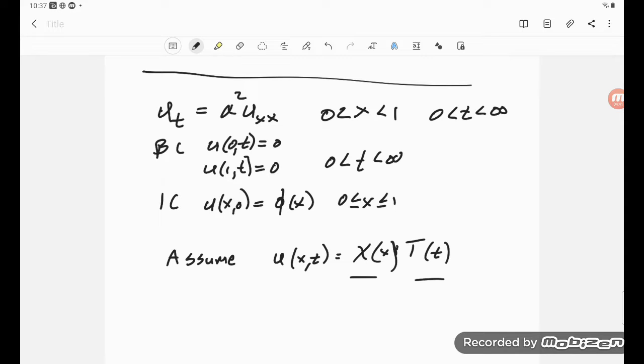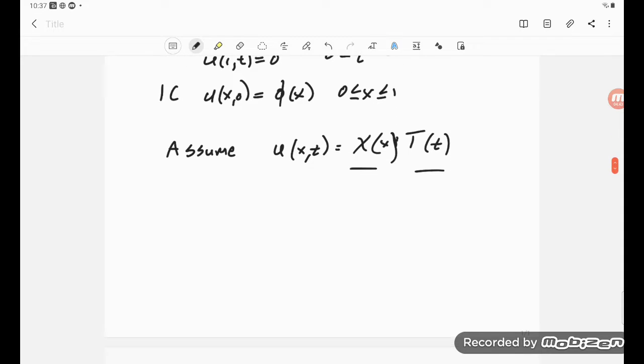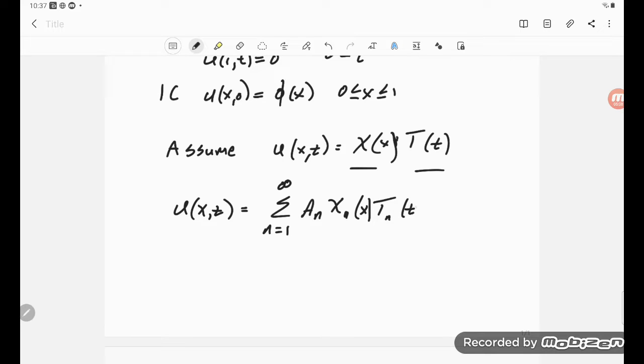And now more generally, what we find is that when we do this, actually, u of x and t is the sum of a bunch of these. Could be an infinite number, but it may not be. But there's our constant, some a sub n, and then an X sub n of x, and a T sub n of t.